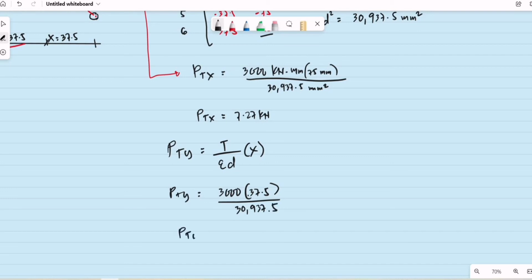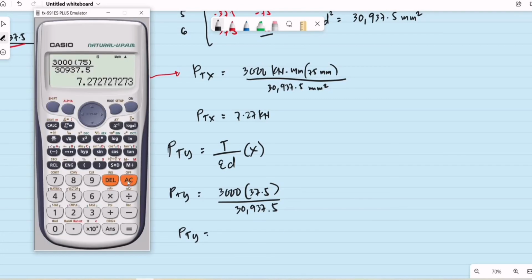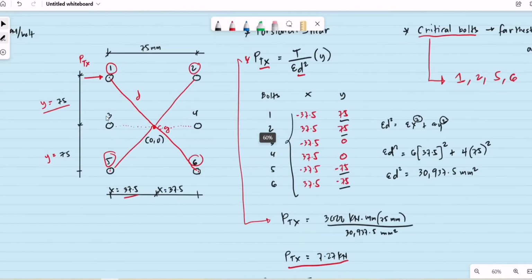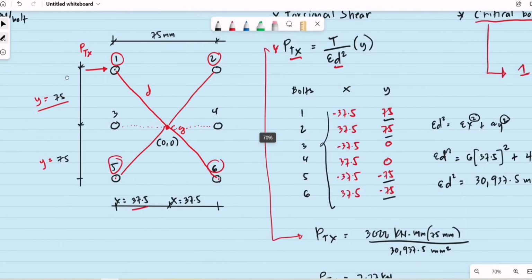Computing for the value of P sub Ty, this is 3,000 multiplied by 37.5, then divided by 30,937.5. In kilonewtons, this is 3.64 kilonewtons. So these are now the torsional shears. Based on the direction of the loading, the torsional shear with respect to the x-axis will be to the right.